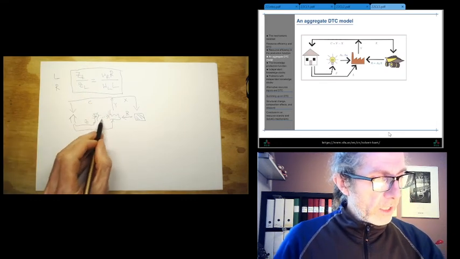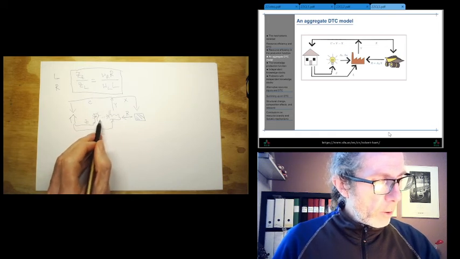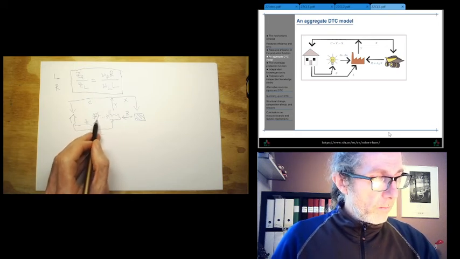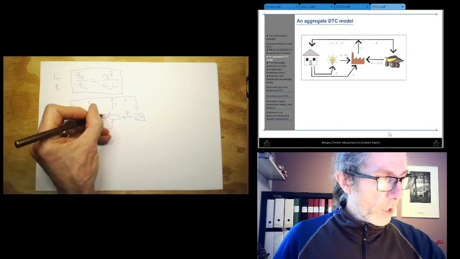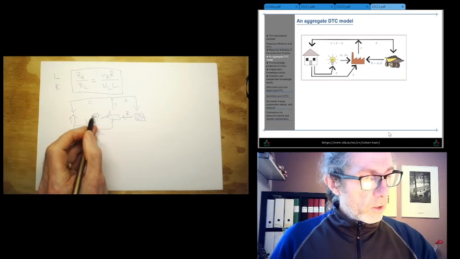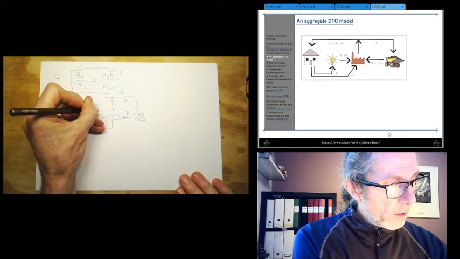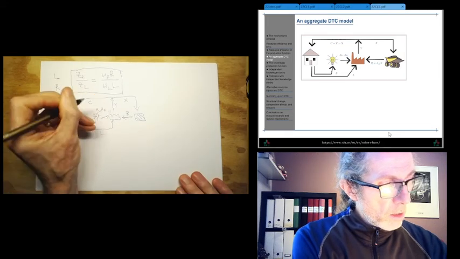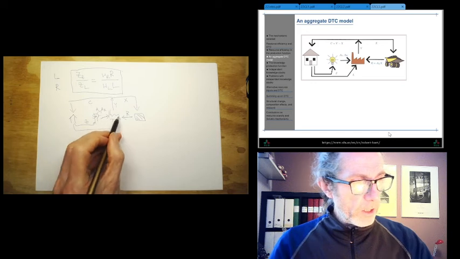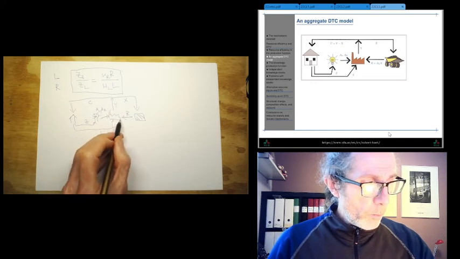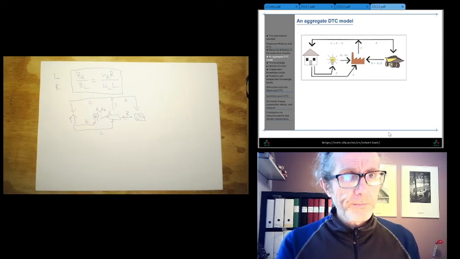I'll put a dotted line here because this isn't really a flow of inputs, it's just the stock of knowledge, the levels of productivity, which will determine a part of the production function here.